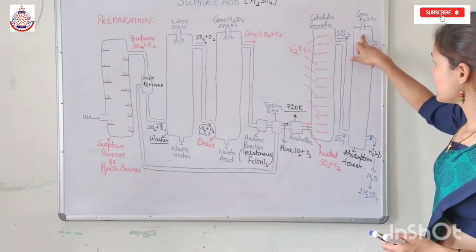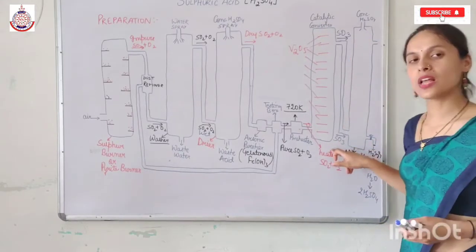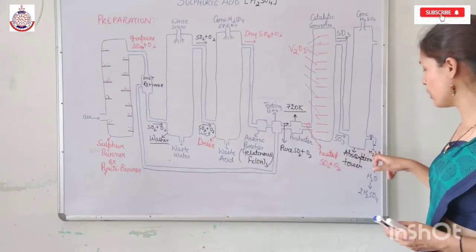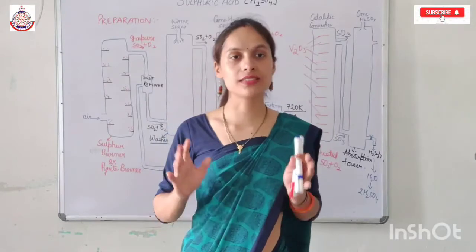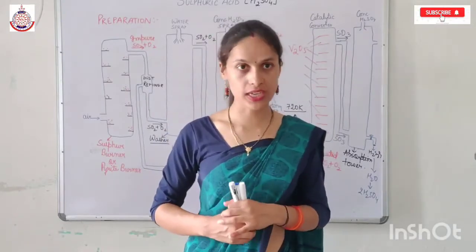In this, concentrated sulfuric acid absorbs sulfur trioxide to form oleum, and when we dissolve oleum in water, we get the desired concentration of sulfuric acid.